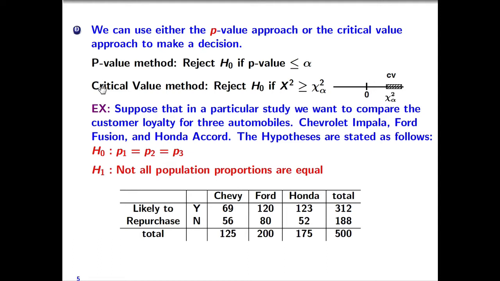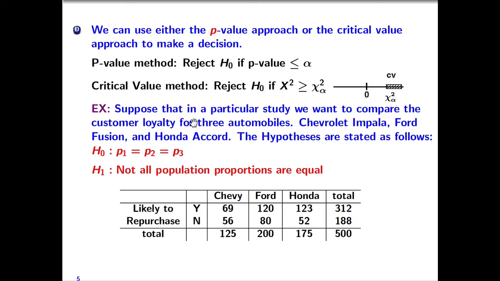When we use the critical value method, it's a point versus a point on your x-axis. Because this is a right-tail test, we reject H0 if the test statistic is greater than or equal to the critical value chi-square alpha.